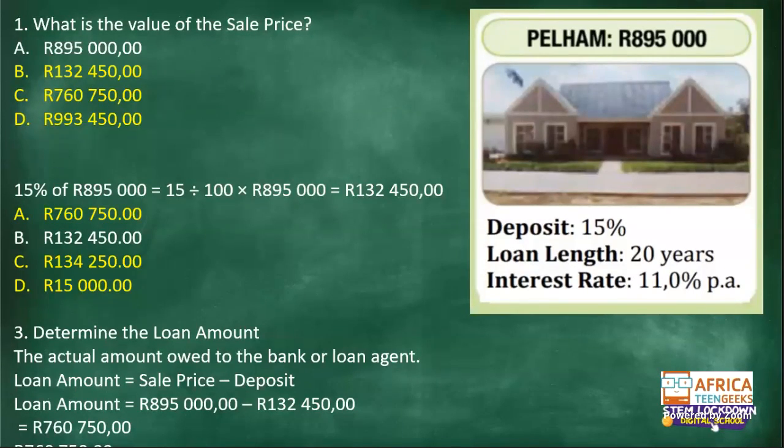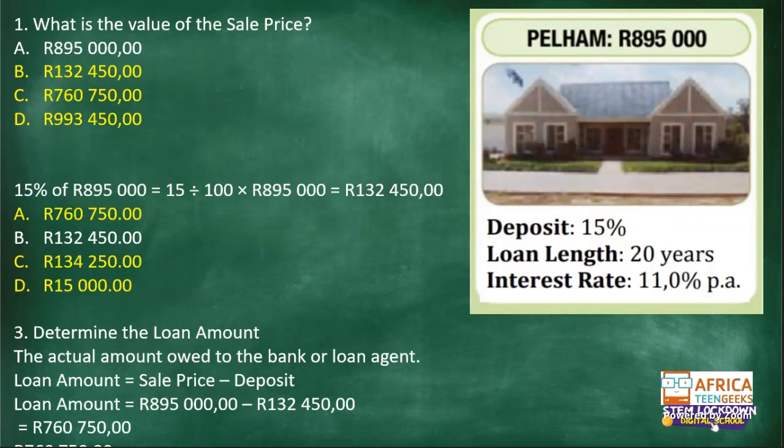So those are the 4 possible answers. And for you to make an informed decision, you need to constantly check the information that is given. And of course, you can see that 895,000 is given as your price, the sale price.